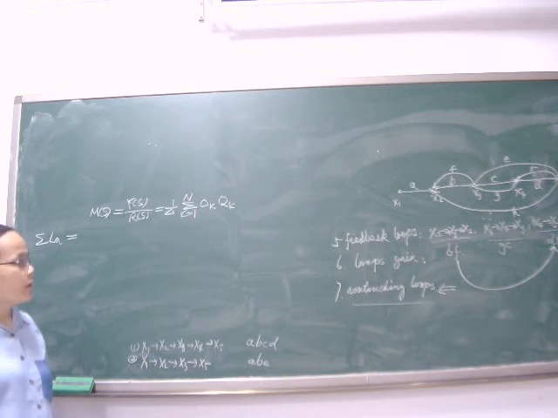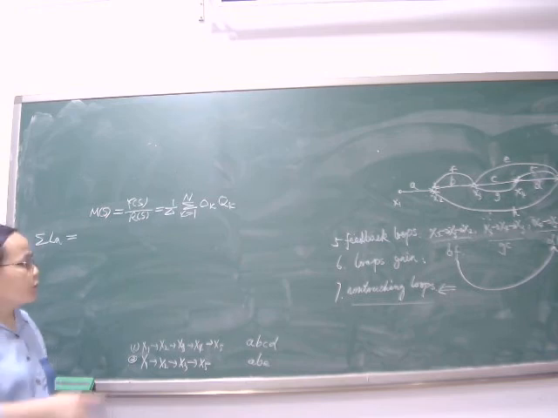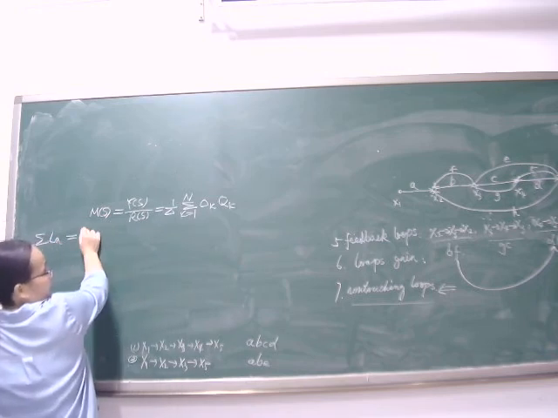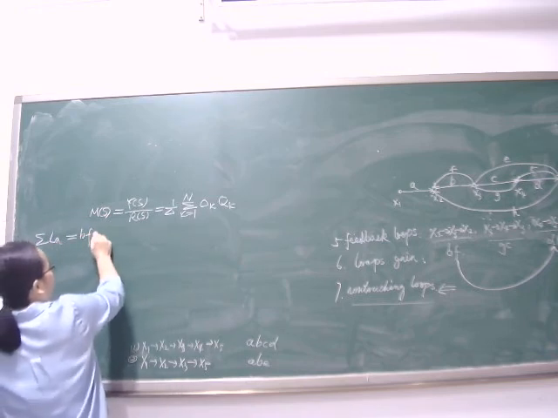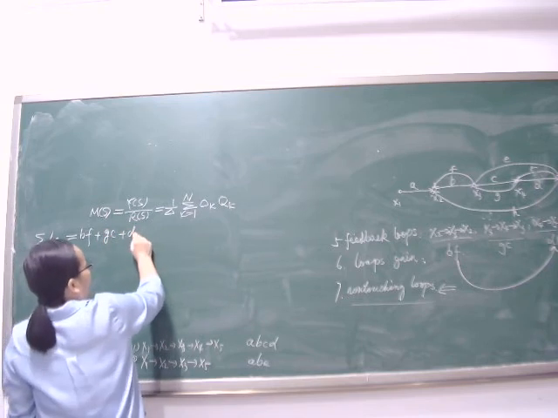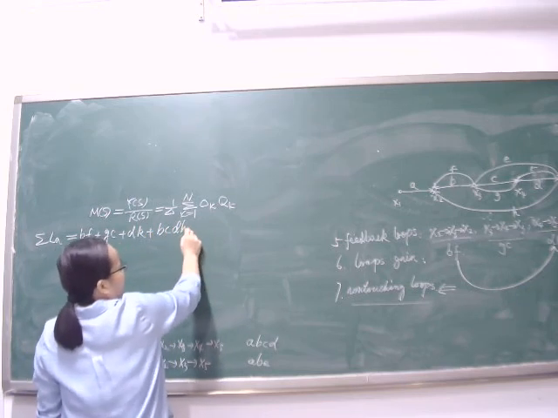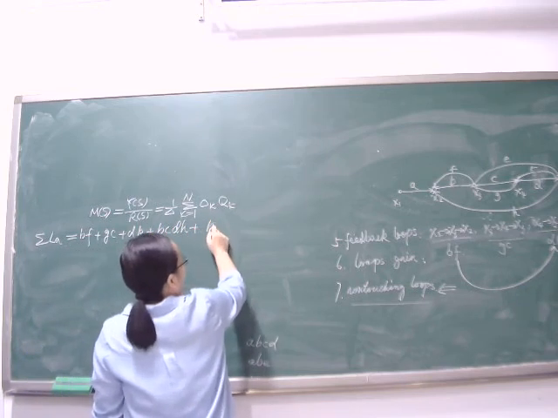Yes, we can see we will have 5 loops. So it equals BF plus GC plus DK plus BCDH plus BEH.